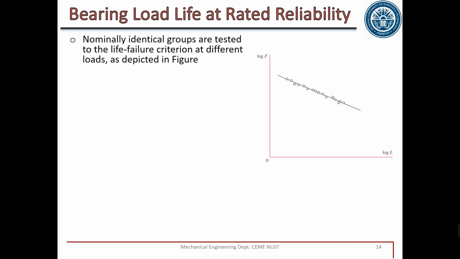What is reliability? Let me explain reliability. I have explained that for a normal distribution, 50% of parts lie here and 50% of parts lie here. So it means that this value, for example, let's say this value is strength and the applied stress is 400 MPa.